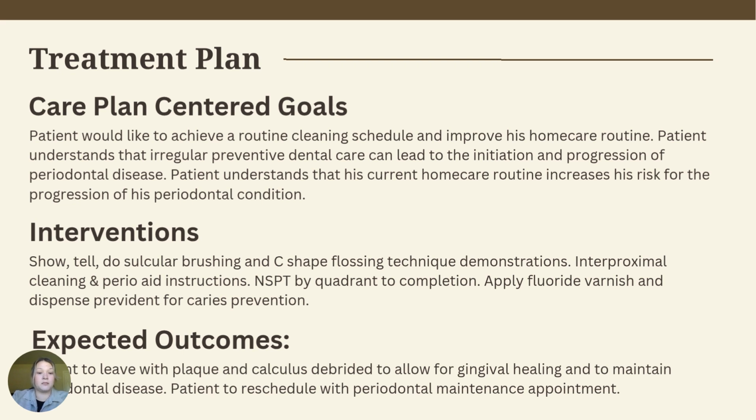We will plan to do non-surgical periodontal therapy by quadrant and apply fluoride varnish and dispense Prevident for caries prevention. The expected outcomes include the patient leaving with plaque and calculus debrided to allow for gingival healing and to maintain his periodontal disease. And he will reschedule with periodontal maintenance appointments.